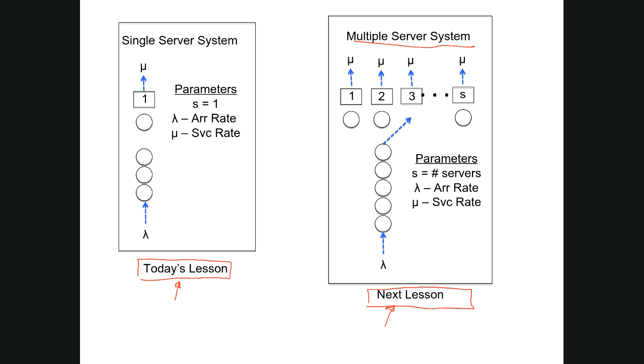We still have one line where people are waiting. And the next customer in line goes to the server that is available. It can be any one of these servers. And in this case, the number of servers is S, anything greater than 0, 1, 2, up to as many as you would ever want.